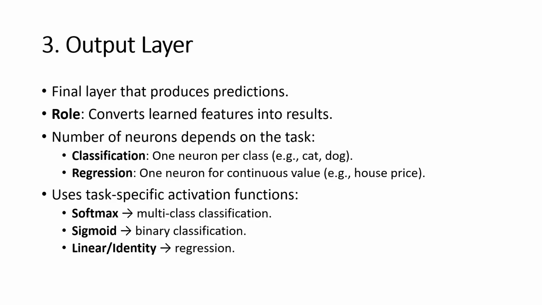For classification with two classes, you need two neurons as the output, one neuron per class. Suppose you want to predict whether the image is a cat or a dog, you need one neuron for cat and one neuron for dog in the output layer. For regression, you need one neuron for continuous values, because we are predicting a value, so we need only one neuron in the output layer.